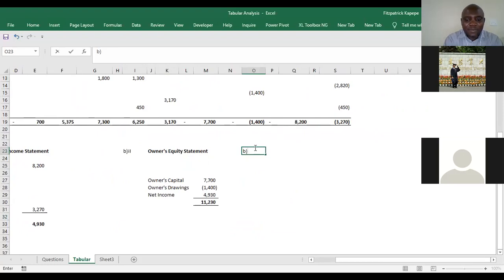It's the balance sheet, eh? Yes, sorry. So, balance sheet. Under balance sheet, guys, we'll have assets. Under assets, we'll start with cash.